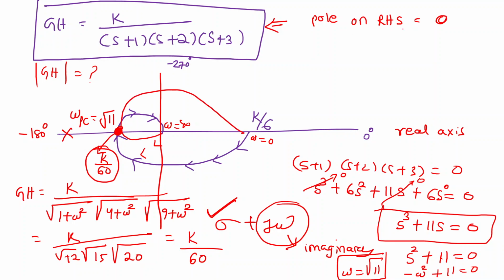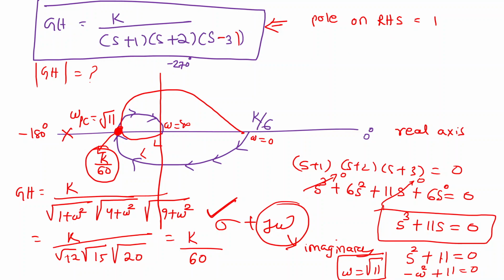As many as the number of right hand side poles, that many closed paths will be around the -1 plus j0 point. The number of poles on the right hand side is 0 here. But let's say for this question the number of right hand side poles is 1. Let's say s plus 3 becomes s minus 3.